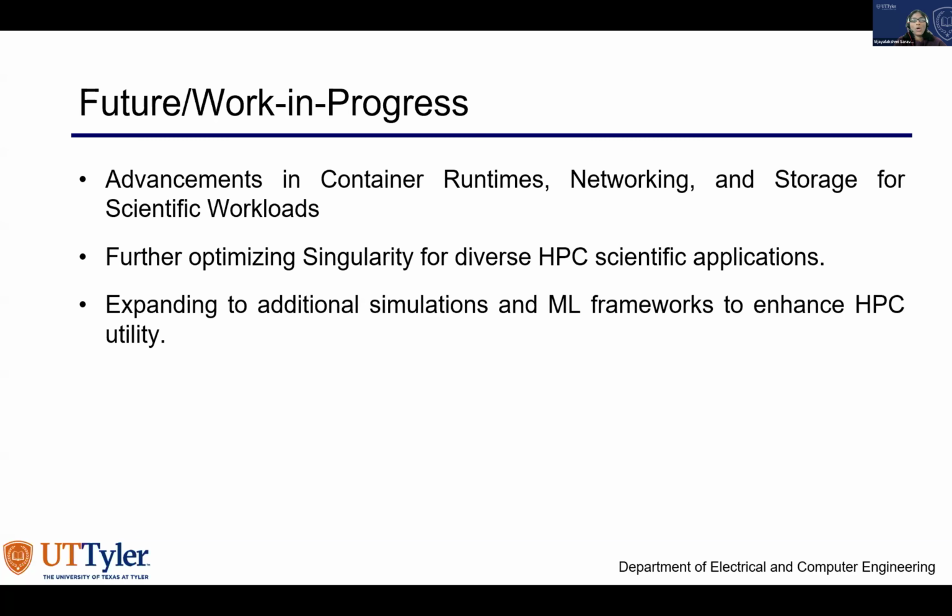Right now we have successfully achieved this with a single container approach with the producer consumer architecture concept, and we are planning to deploy in future with multiple containers, with additional simulation as well as additional machine learning frameworks to enhance the HPC utility.